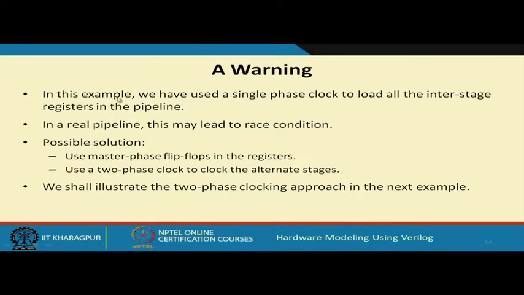Now, the point to notice is that this is actually a warning: in a real pipeline, this may lead to a race condition. What we are saying is that in order for correct operation to be achieved in a pipeline, all the register stages or latch stages, if you are supplying a common clock, must be master slave type.